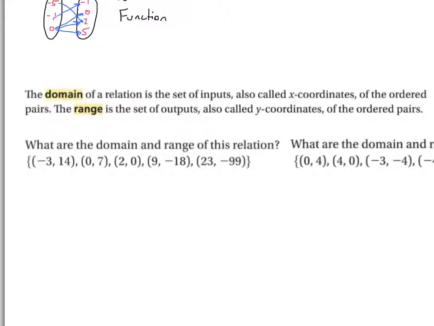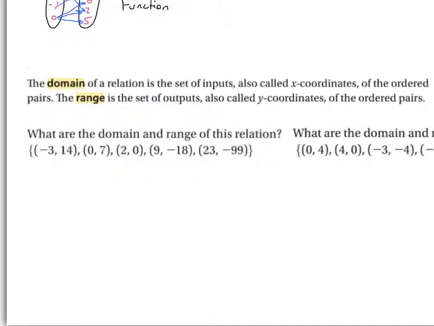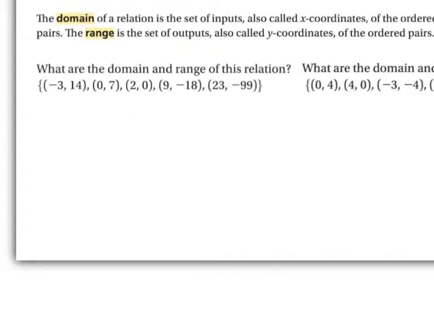So for that first example, we have a relation, and we want to know what's our domain. All we're doing then is listing the X values in that grouping. And make sure, again, we do it in order. So our domain here, if we go in order, actually it's already in order. Our domain is going to be -3, 0, 2, 9, and 23.